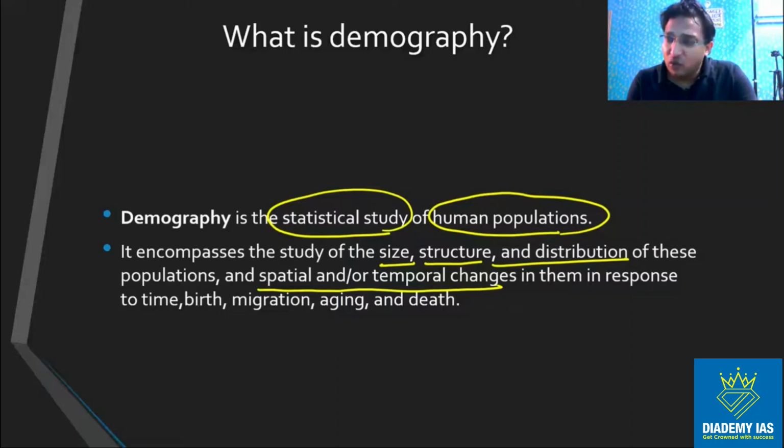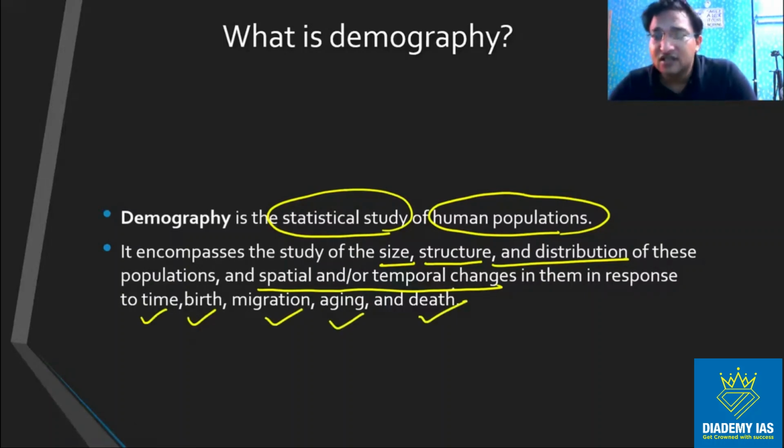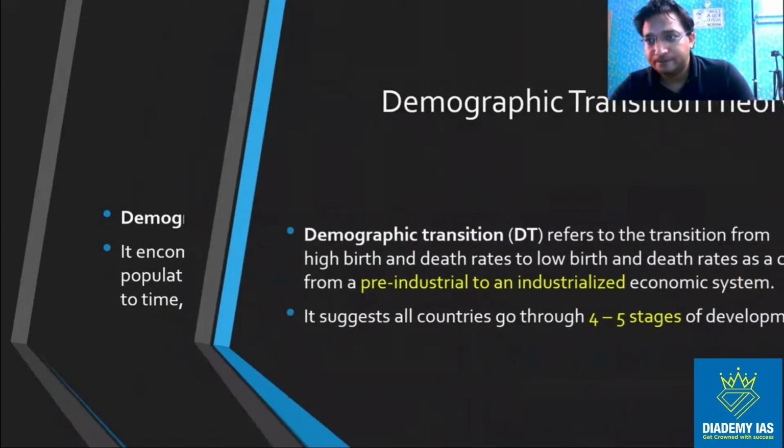So what are the changes between 2001 to 2011, between 2011 to 2021? All those changes are also studied in response to time, birth, migration, aging, and death. So considering all these things, we do the complete study.